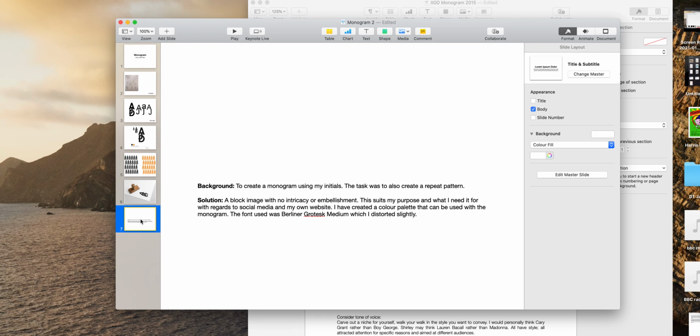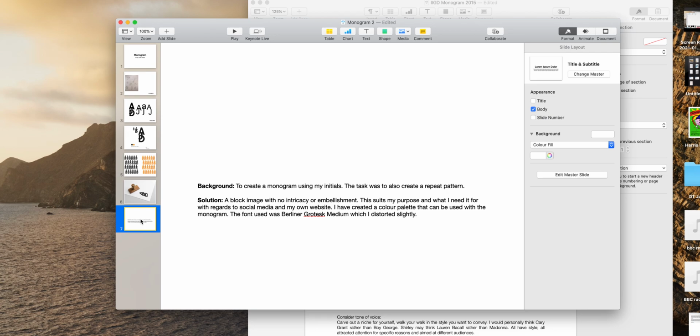Solution, a block image with no intricacy or embellishment, not unlike the Edwardian typefaces that we showed you at the start. This suits my purpose and what I needed with regards to social media and my own website. I never actually used it in the end. My website doesn't allow me to put a monogram on it. Funny that, isn't it?